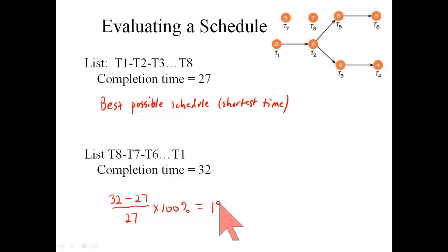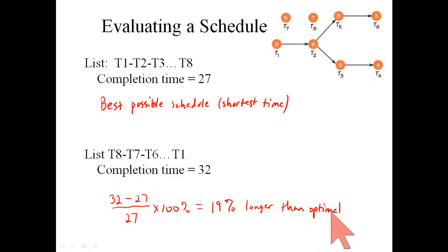And if you work that out, it's approximately 19%. And the meaning of this is longer than optimal. By using high order prioritization, we got a completion time that's 19% longer than the best possible solution.